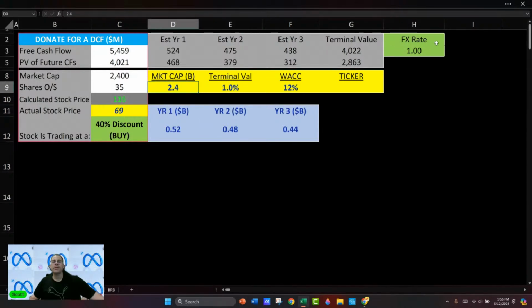I have an FX rate here in case I do foreign stocks that trade in the US, so I can just change the FX rate to convert all the financials to US dollars. Even when I tried to make the model more aggressive, I guess aggressive means I'm trying to lower the predicted stock price. Conservative means I'm raising the stock price.